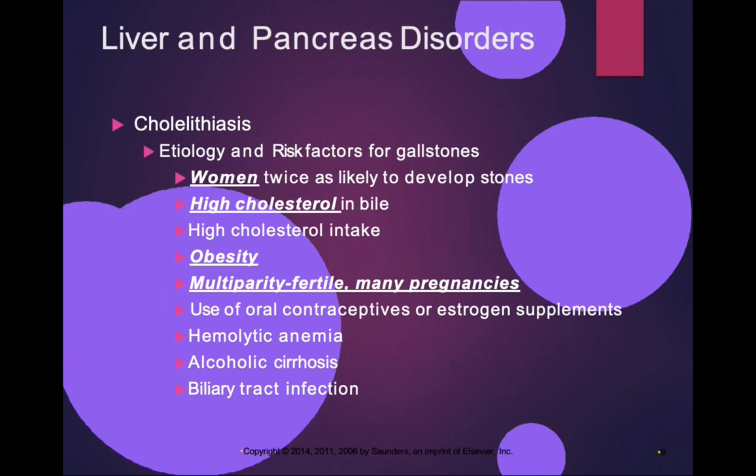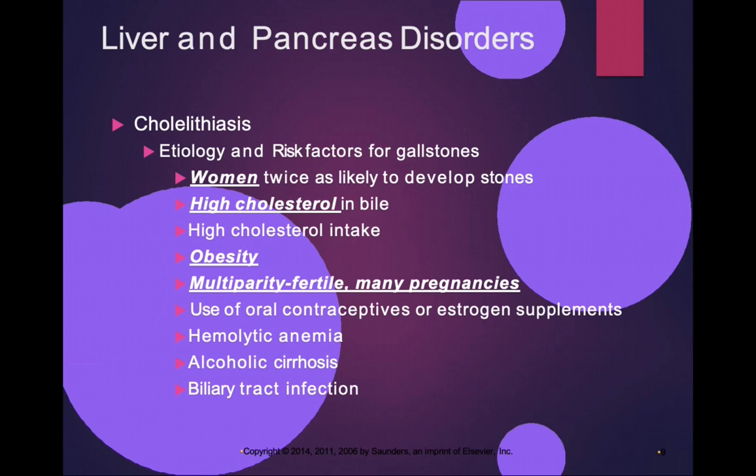Okay. So, anyway, gallstones are more likely to happen in women with higher cholesterol, obesity, and multiparity, which means very fertile, with many pregnancies. The use of oral contraceptives or estrogen supplements increases the risk.